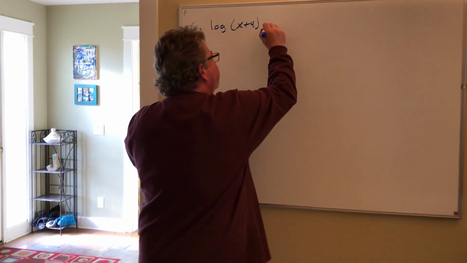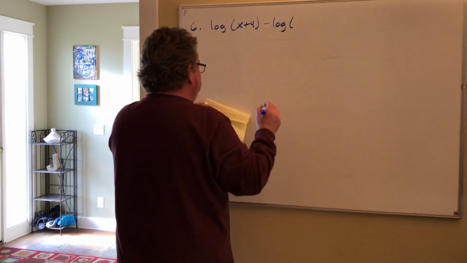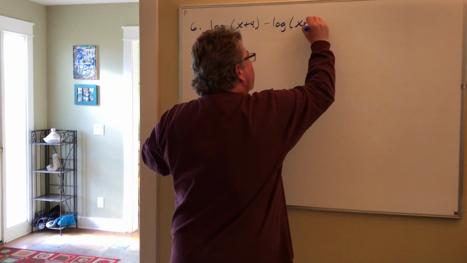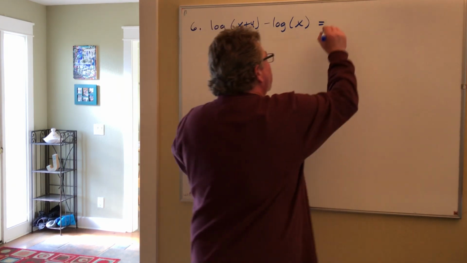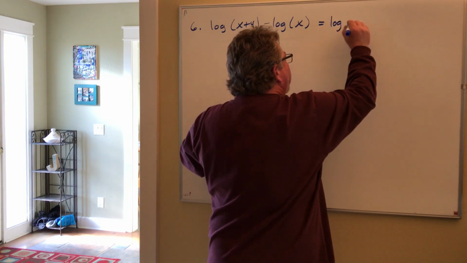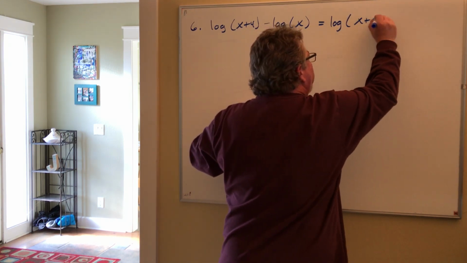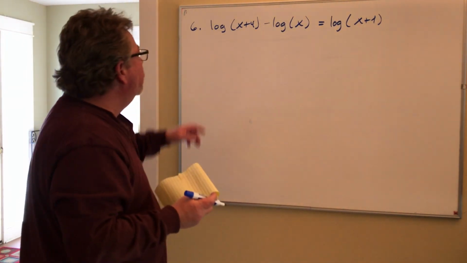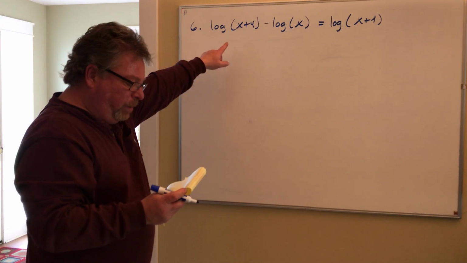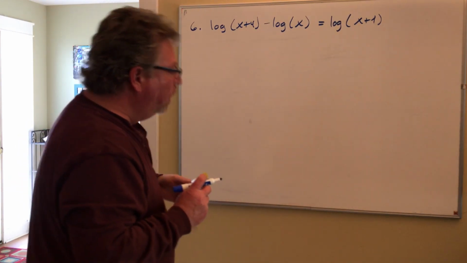Let's subtract from that the logarithm base 10 of x, and I want that to be equal to the logarithm base 10 of x plus 1. So let me double check that. So we've got log of x plus 4 minus log of x is equal to the log of x plus 1.